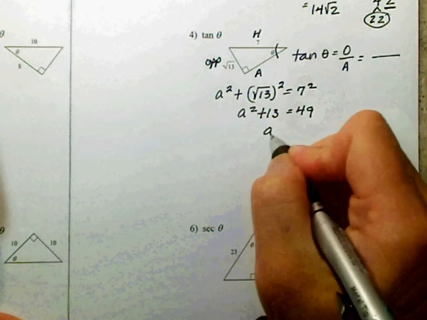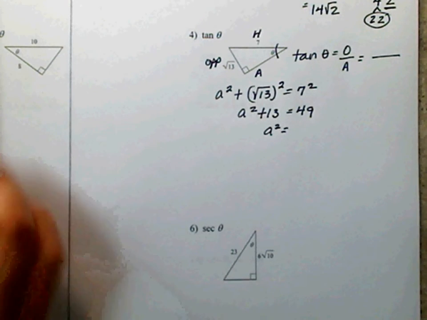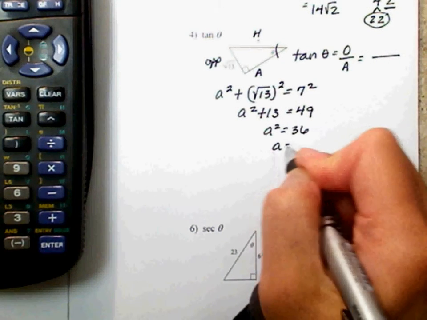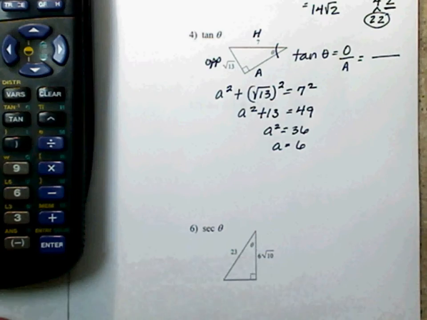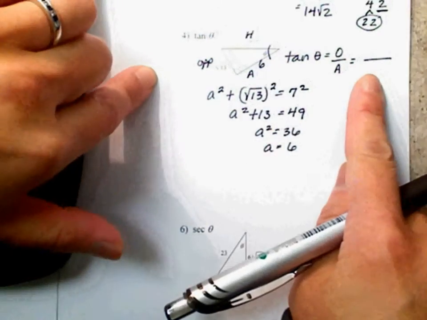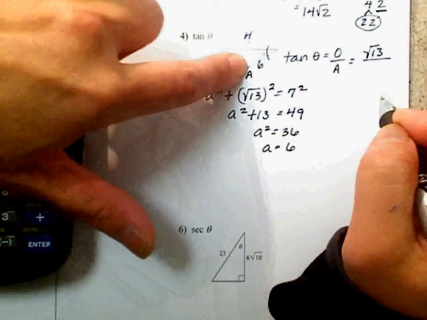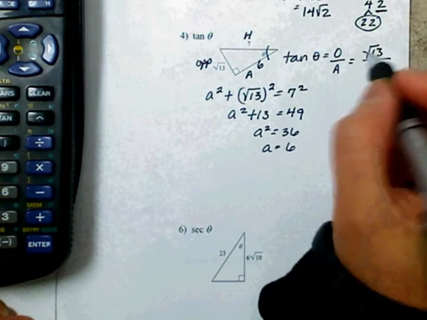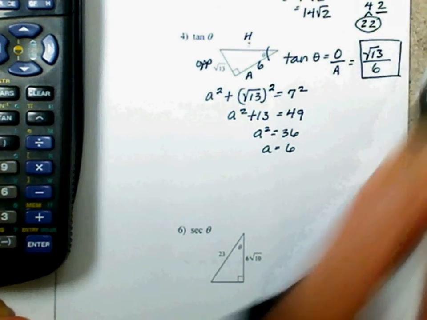So a squared is equal to 49 minus 13, which comes out to be 36. Take the square root. So a is equal to 6. So this right here is 6. Now you can plug into your ratio. Opposite, square root of 13, adjacent, 6. You are finished. You can't simplify that anymore. Therefore, there's your ratio.